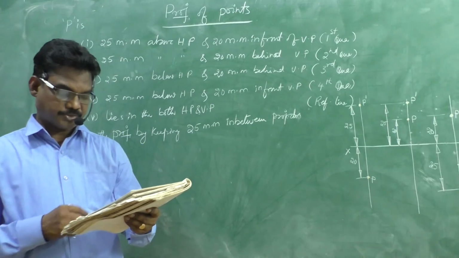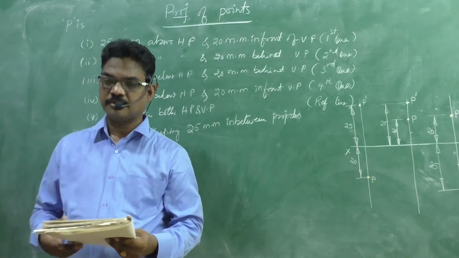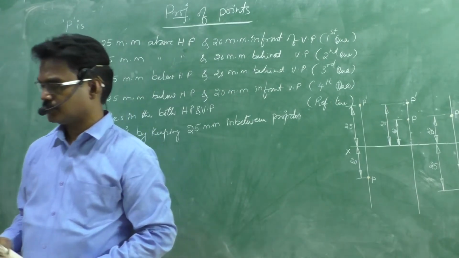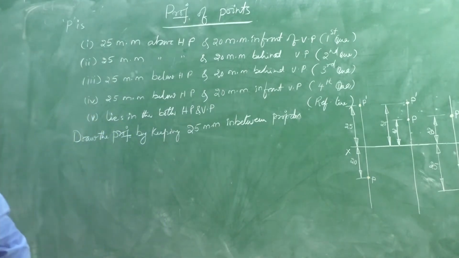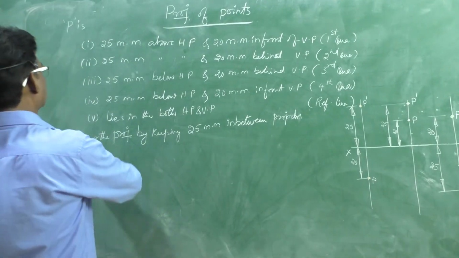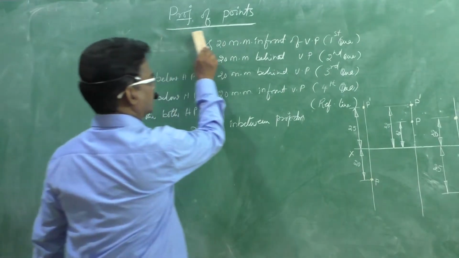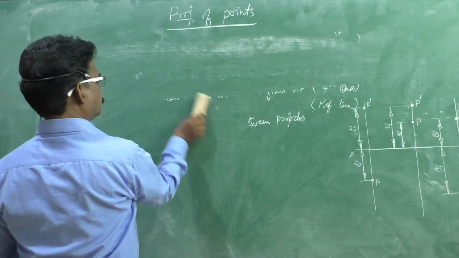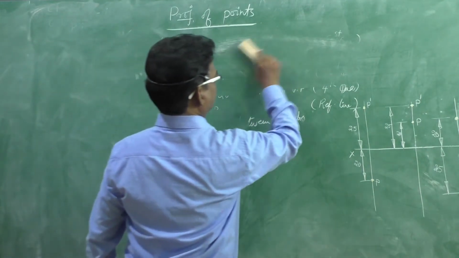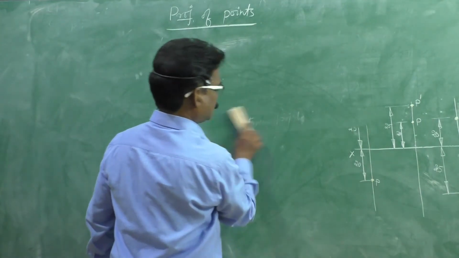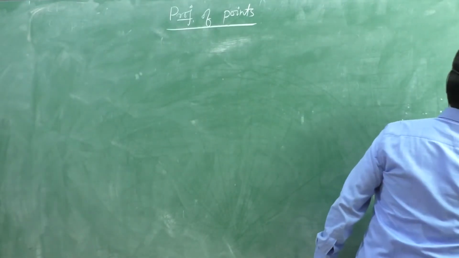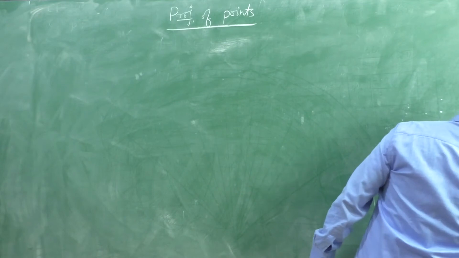Draw the straight lines joining their top views and joining their front views. Now, if you see this problem, 2 points are given, P and Q. And P is in one quadrant and Q is in another quadrant.